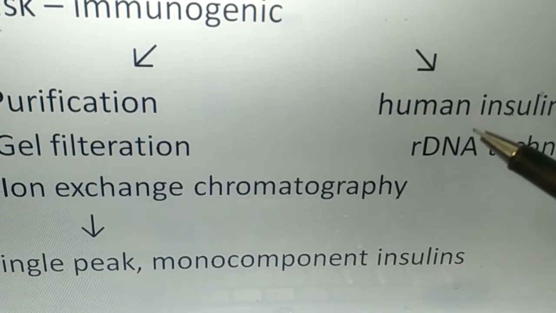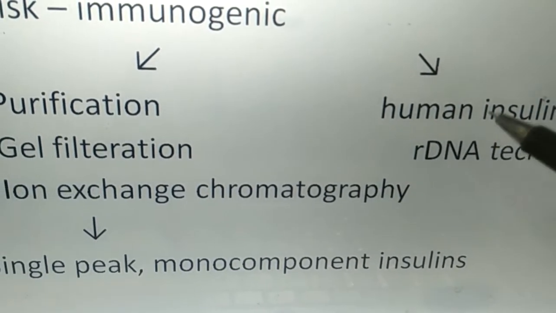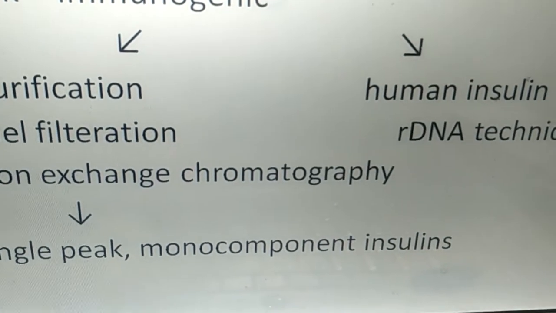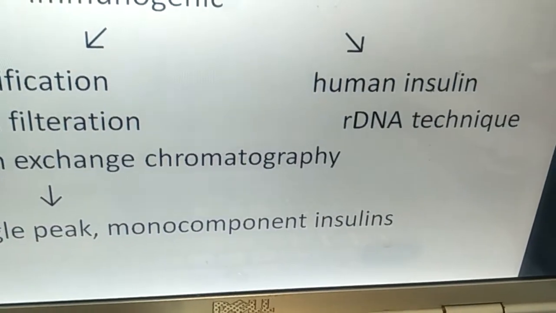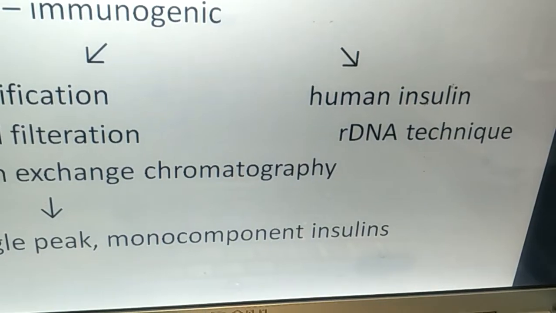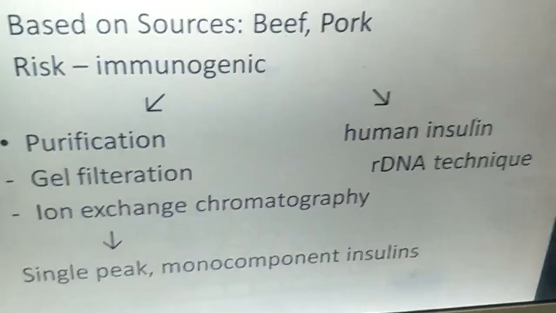The gene which codes for human proinsulin is given. The bacteria multiply or yeast multiply, then we obtain the proinsulin from these E. coli or yeast, and then we synthesize insulin from that.